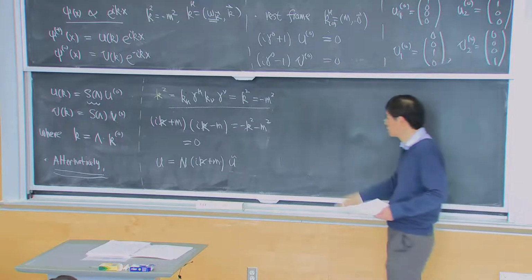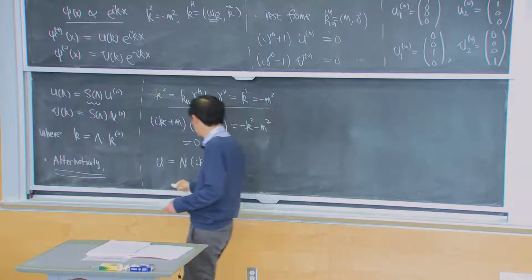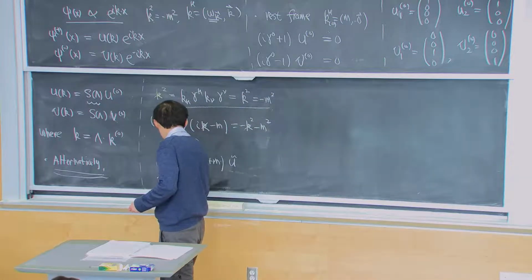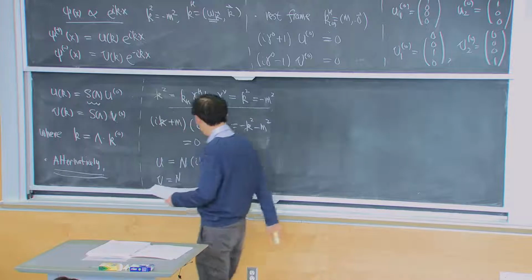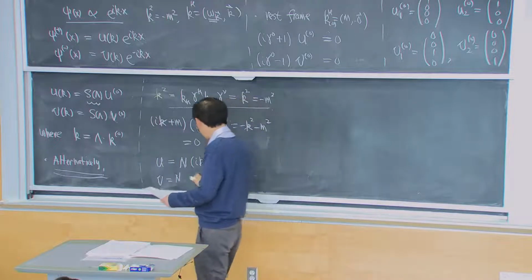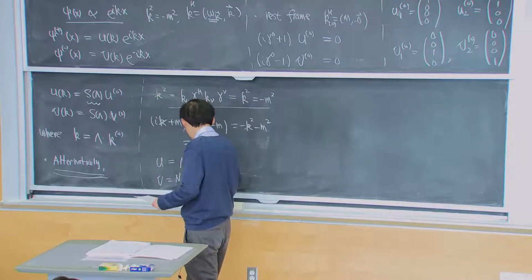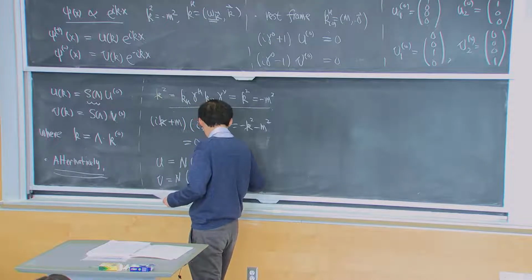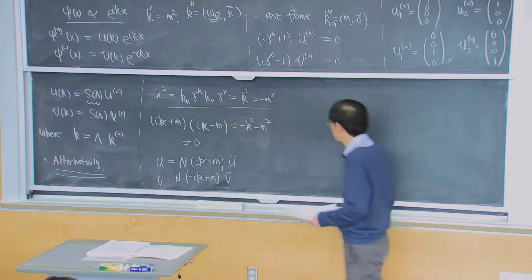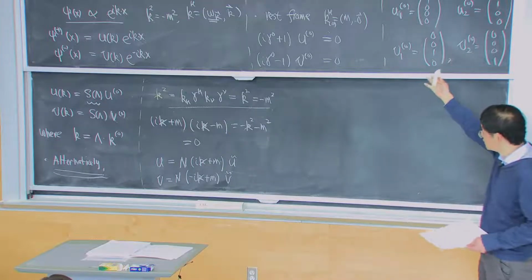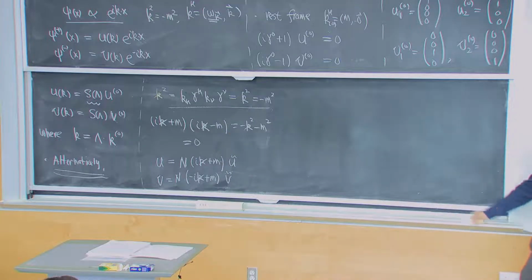Similarly for v, I take some normalization constant and minus ik-slash plus m acting on some v-tilde. The v equation is again automatically satisfied, because of this identity.